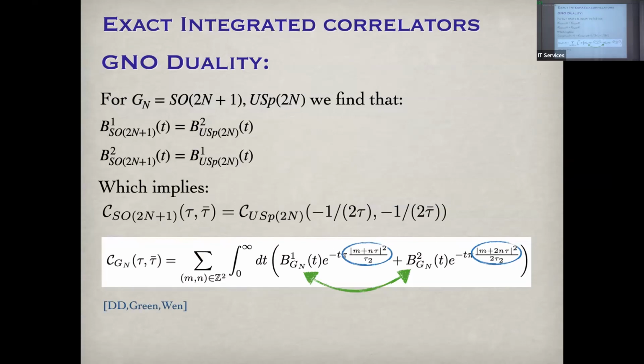But you see from the exponent that because of the 2 that you pointed out, when I send tau into -1/tau, this exponent goes into this exponent. And so under this transformation, we flip these two rational functions, we flip these two exponents, and so the SO correlator is related to the USP correlator. Furthermore, I'm going to show you in a second, but it's clearly not that difficult to see that this expression is invariant under gamma 0, 2.